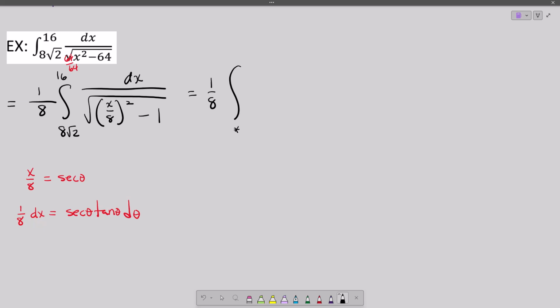Now we're going to put stars for our limits, asterisks. Dx is 8 secant theta tangent theta d theta. So I'm replacing the dx by looking down here and multiplying both sides by 8. And then in here, we have the square root of our whole plan, secant squared minus 1, which is tangent squared.